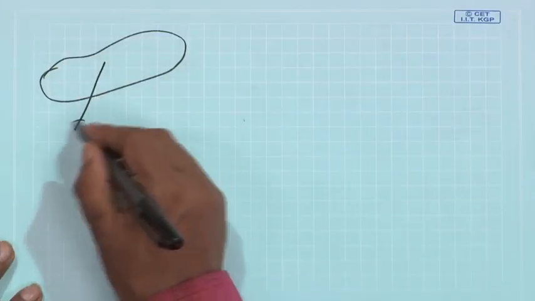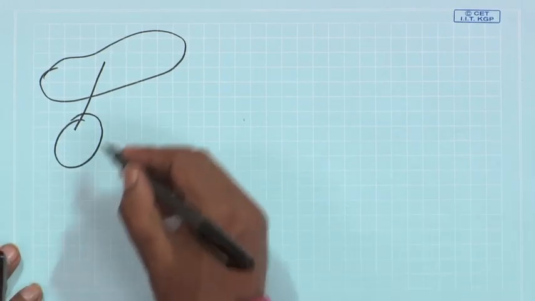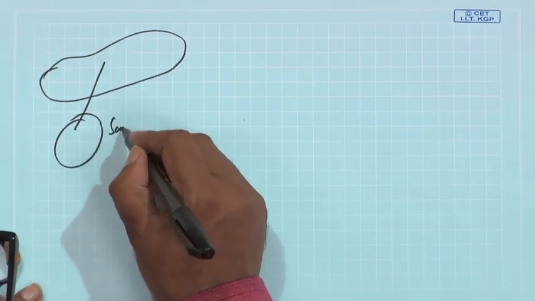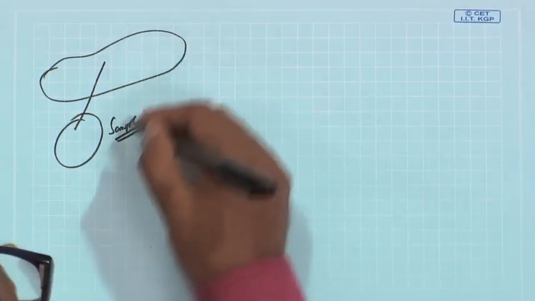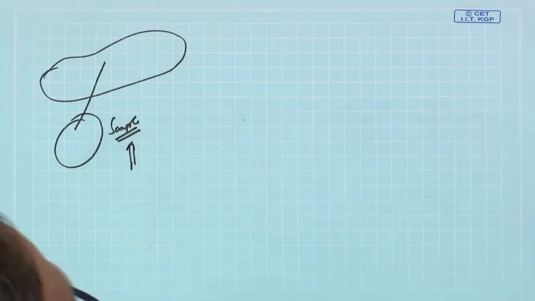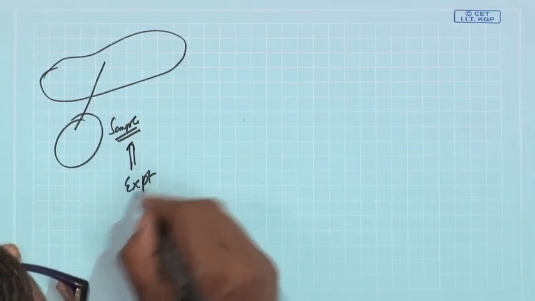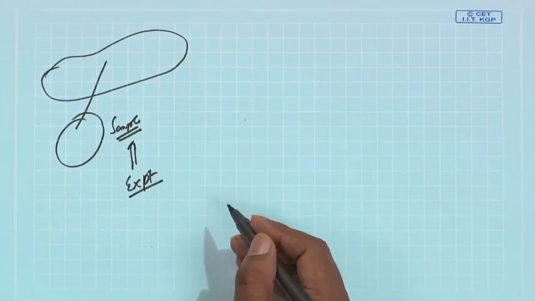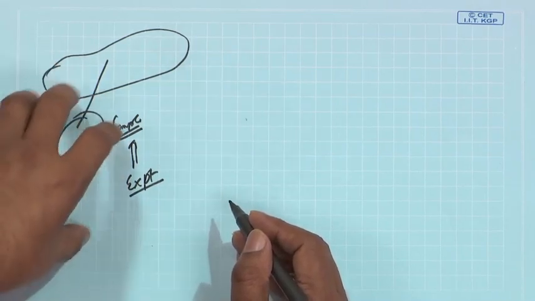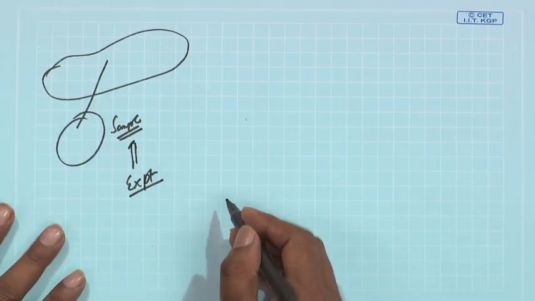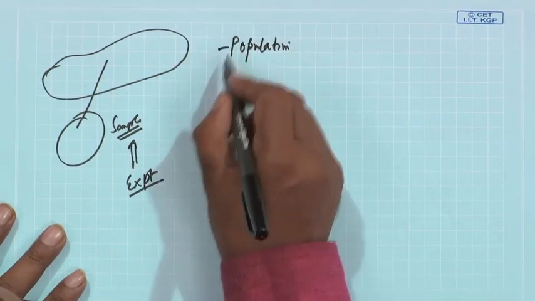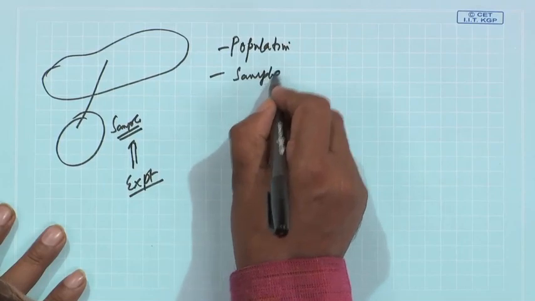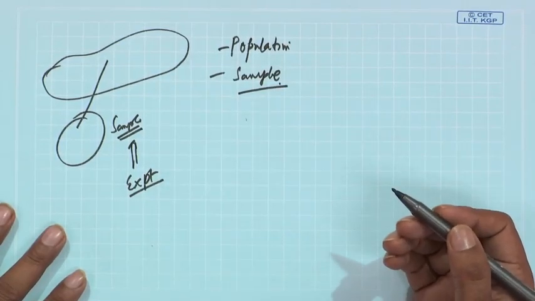So, we have such a population, and from here we get a certain representative number of observations, that is the sample. The experiment we conducted gives us some data. This data represents or constitutes the sample. So, population followed by sample, this is another important concept.